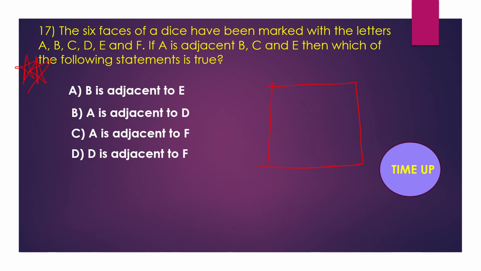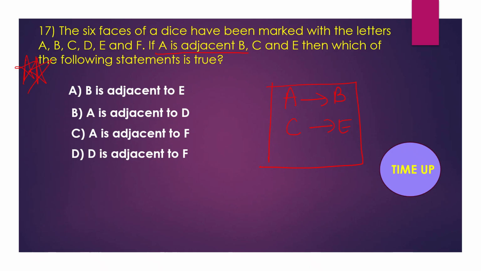They have said that A is adjacent to B. A is adjacent to B, not opposite. C is adjacent to E. So this is all about adjacent now. Adjacent meaning they are beside, or next to each other.